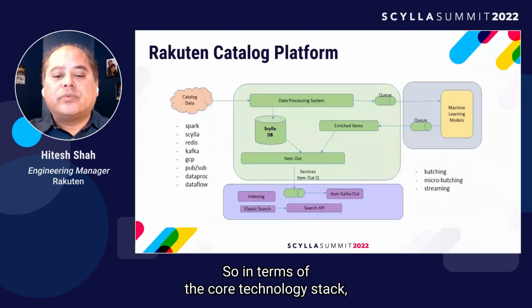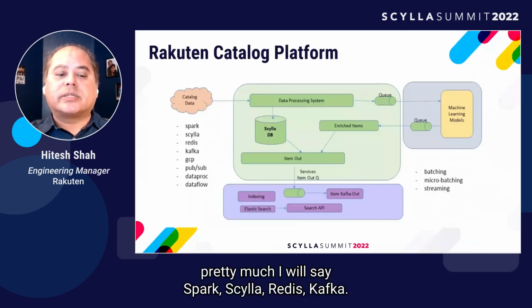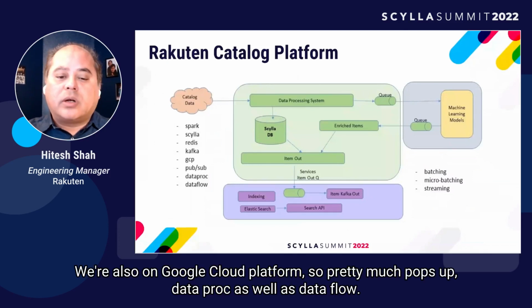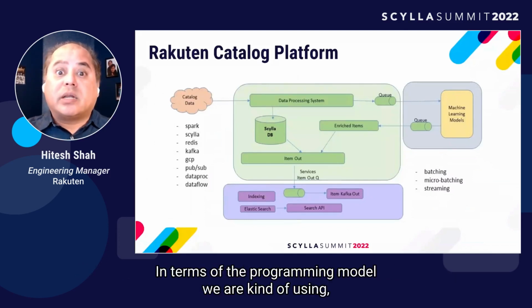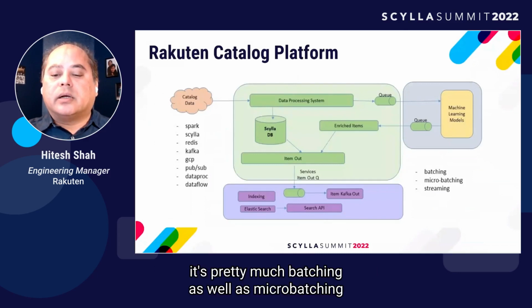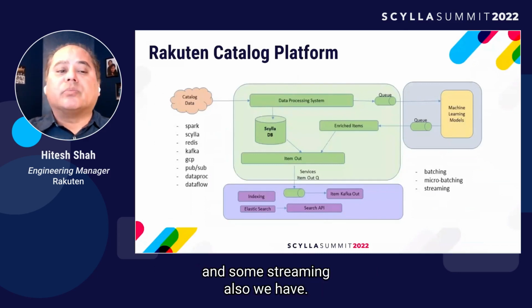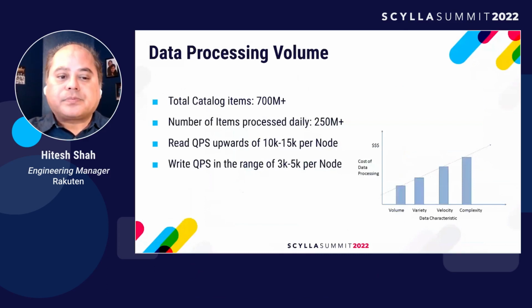In terms of the core technology stack, it is pretty much Spark, Scylla, Redis, Kafka. We are also on Google Cloud Platform, so Dataproc as well as Dataflow. In terms of the programming model, we are using batching as well as micro batching, and some streaming also.